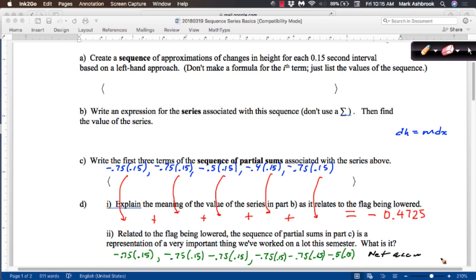So did anyone say net accumulation function? A few of you. Yeah. So that's the idea, that this is just like a net accumulation function, looking at successive amounts of net accumulation as time goes by, right? You keep adding a little bit more each time.